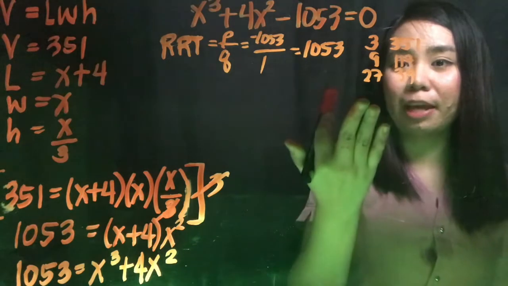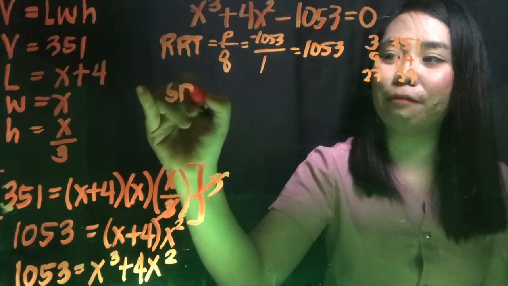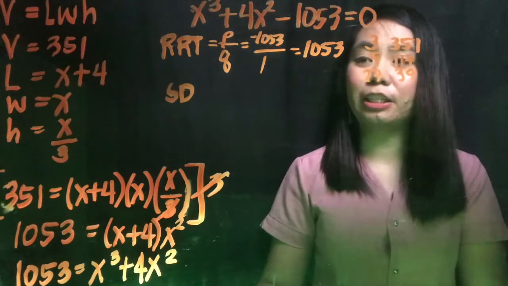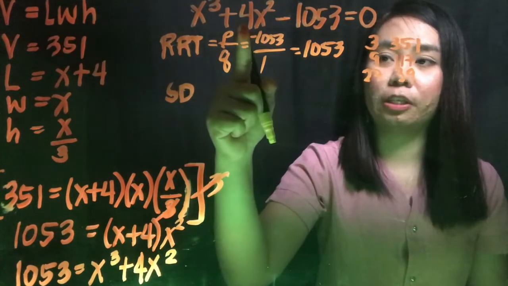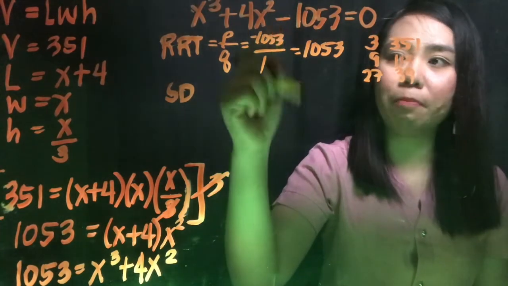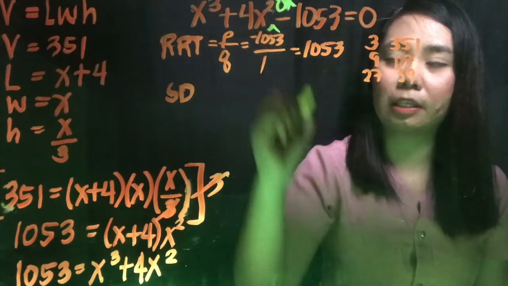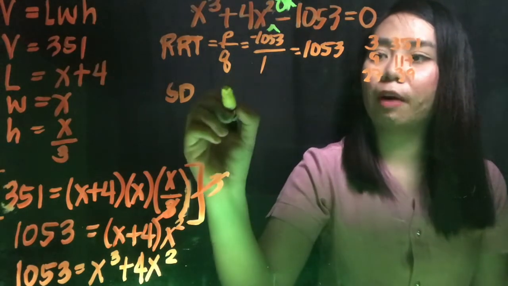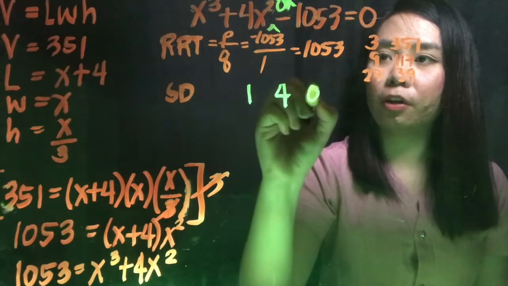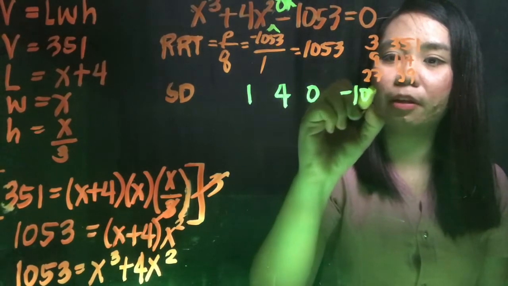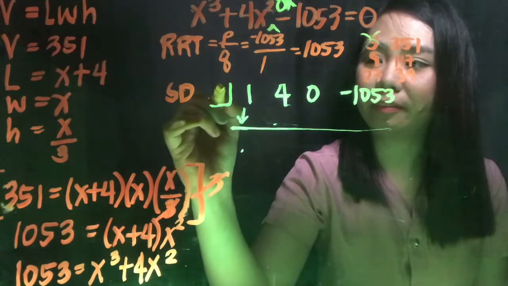And after finding some factors, we can now proceed to synthetic division. For the synthetic division, note that you just have to write down the coefficients. And since there is one missing term here, we can actually write 0x. So we can now write 1, 4, 0, and negative 1053. Now let's try 9.